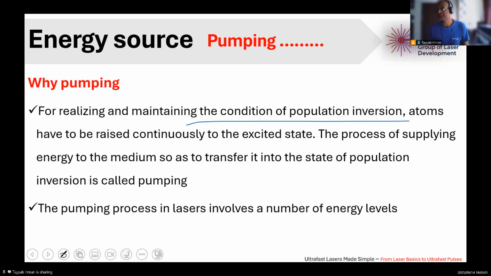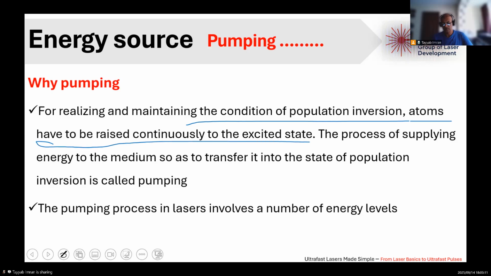To maintain the population inversion, pumping has to be continuous. The atoms have to be raised continuously to the excited state, go to the ground state, then be excited again, and again. So this is the function of the pumping process: to maintain the population inversion.